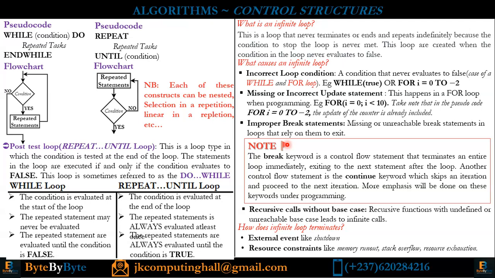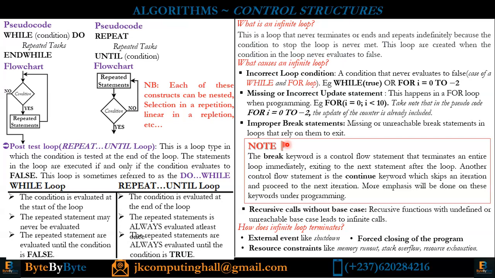When the memory of the computer runs out, there might be a crash that will cause the computer to shut down or to pause, and this will terminate the loop. Another case is forced closing of the program.